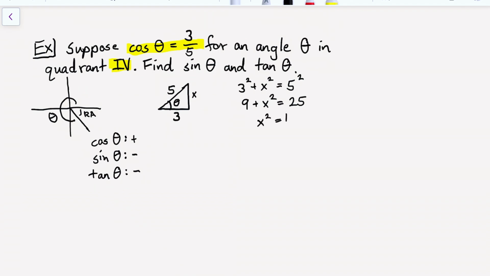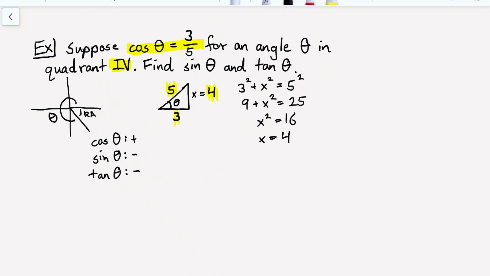Subtracting 9 from both sides, we get x squared equals 16. Therefore, x equals 4. So our remaining leg here is 4. And in fact, the numbers 3, 4, and 5 make what is known as a Pythagorean triple. They are integer numbers that fit the Pythagorean theorem.